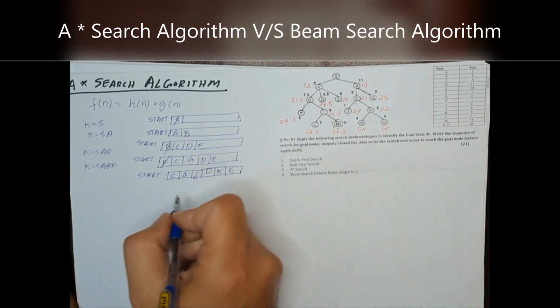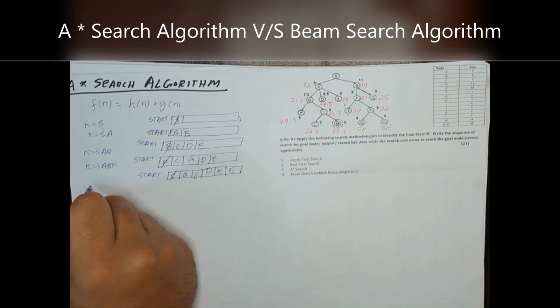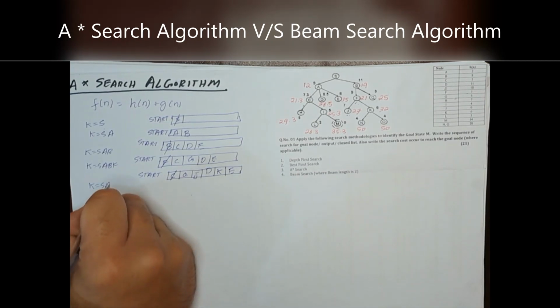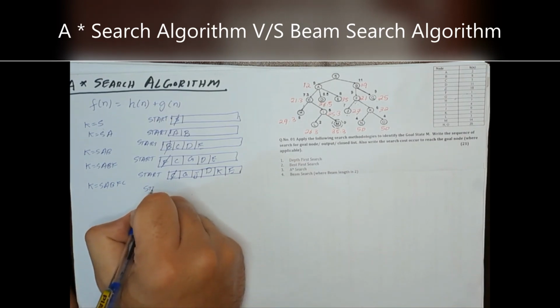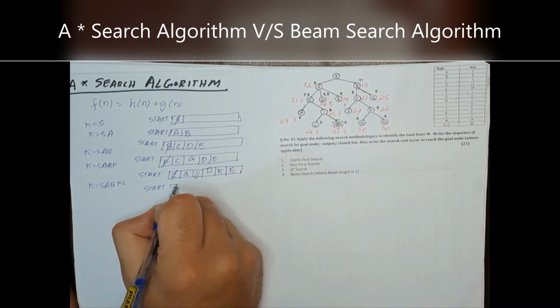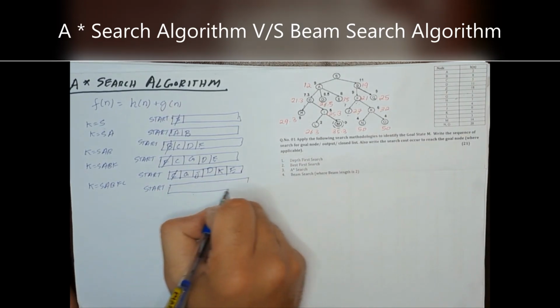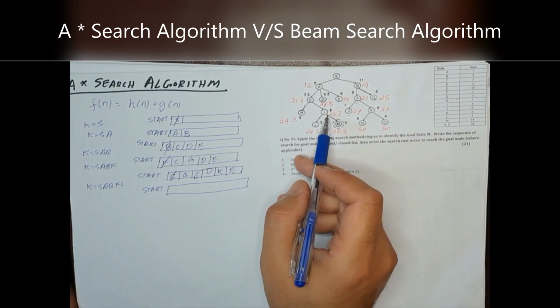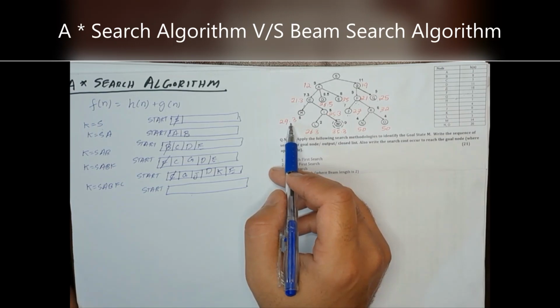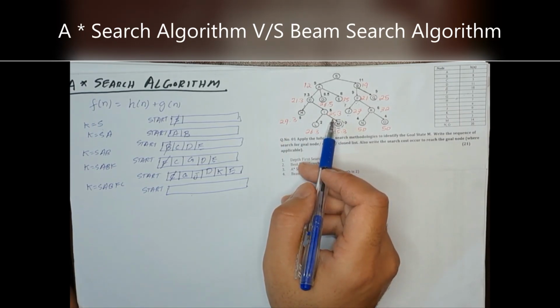Now after another iteration, C will go to variable K, A, B, F and C, and the new start list will be... C has some successors here, it has H and I. Values are written here, 29.3 and 25.3.